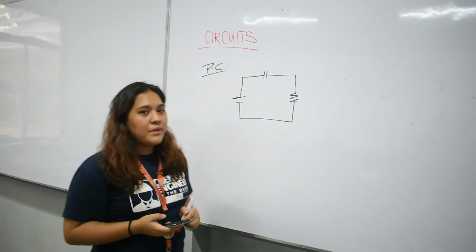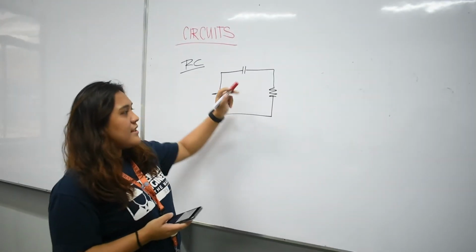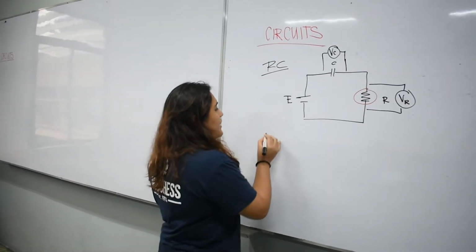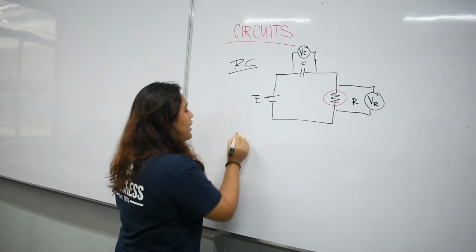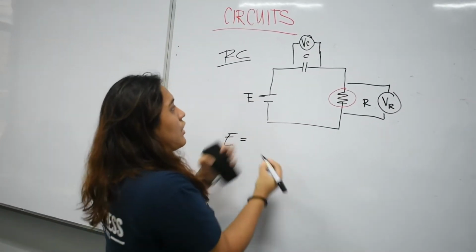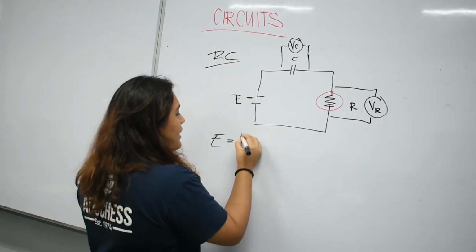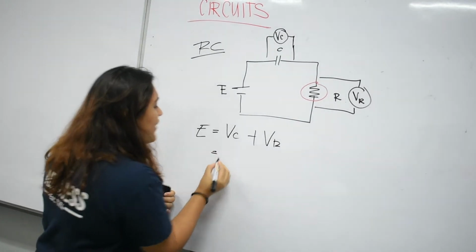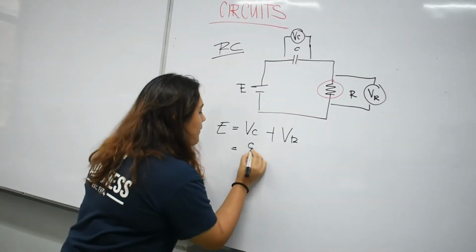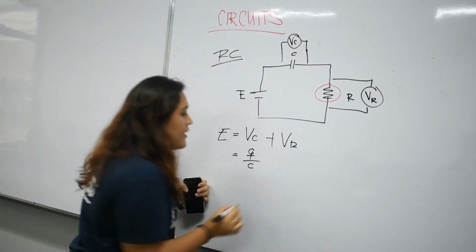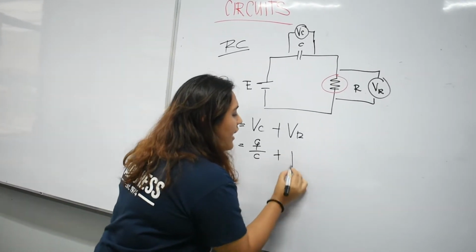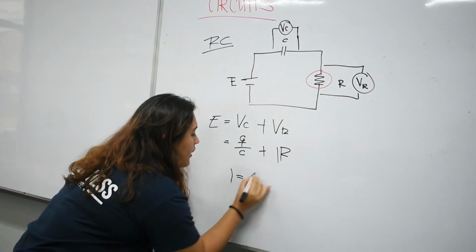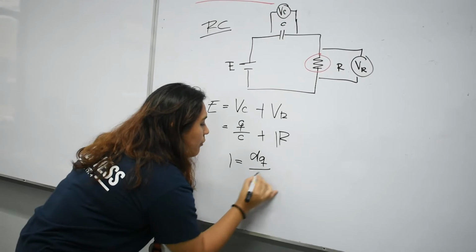The next scenario is the RC circuits, which include the capacitance and the resistance. In RC circuits, we are going to solve for the equation of the charge, which again we get from the electromotive force: E is equal to the voltage of the capacitance plus the voltage of the resistance. The voltage of the capacitance is the charge over the capacitance, plus IR, and we all know that I is dQ over dt.